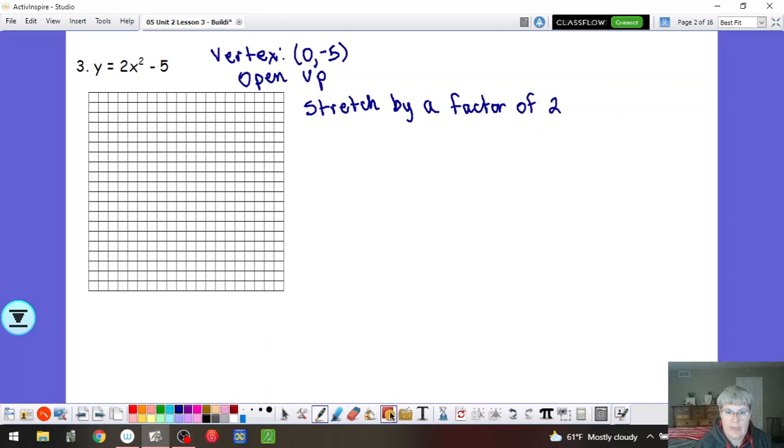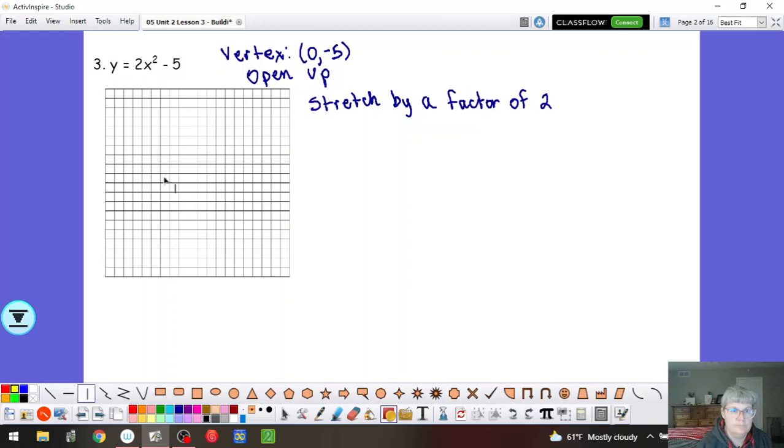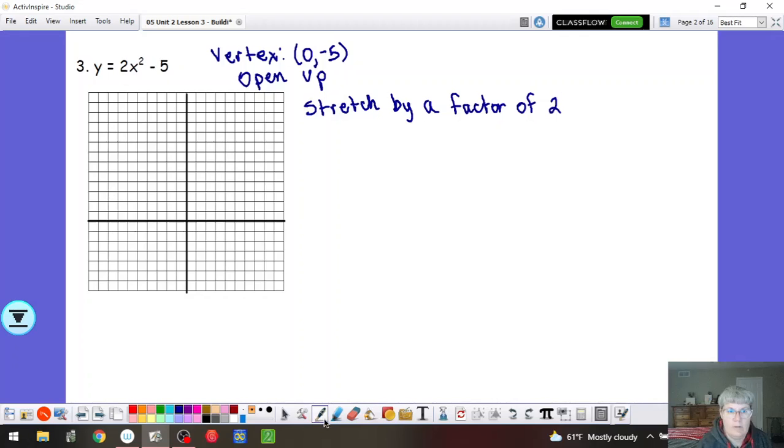So let's get our axes on here. Plot our vertex, 0, -5, 1, 2, 3, 4, 5. So because we have this stretch by a factor of 2, those anchor points, the 1, 4, and 9, each need to be multiplied by 2.